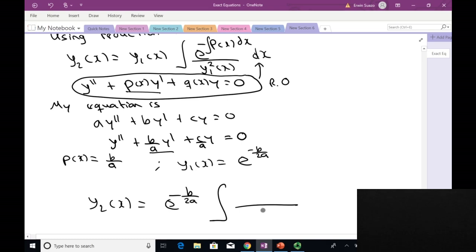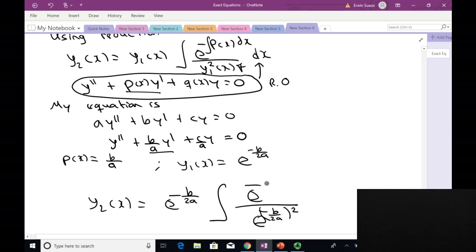So what should I write? e to the minus b over 2a x squared, right? Because that's the formula. y1 squared of x.